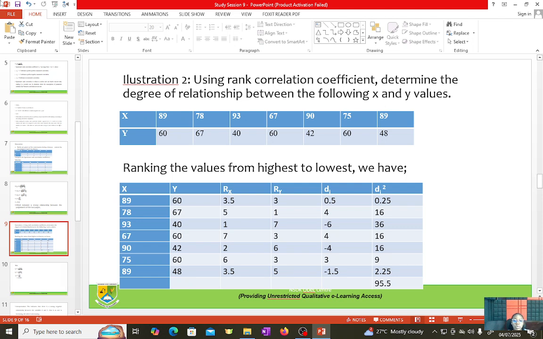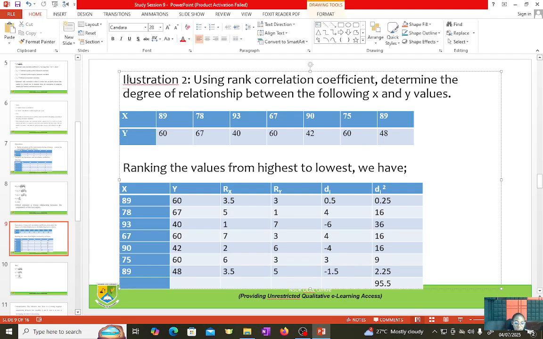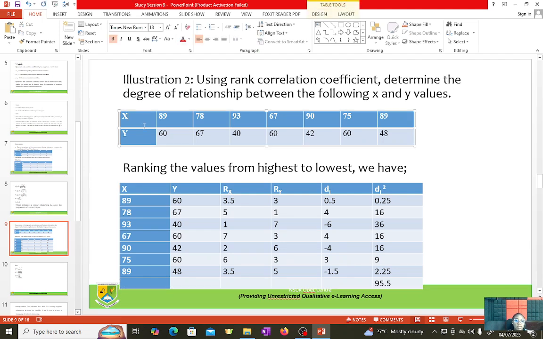Considering another illustration, you can see that in this particular one, the ranks were not given. They were only given as x and y. So it is your duty to calculate the ranks and to assign ranks to these numbers.